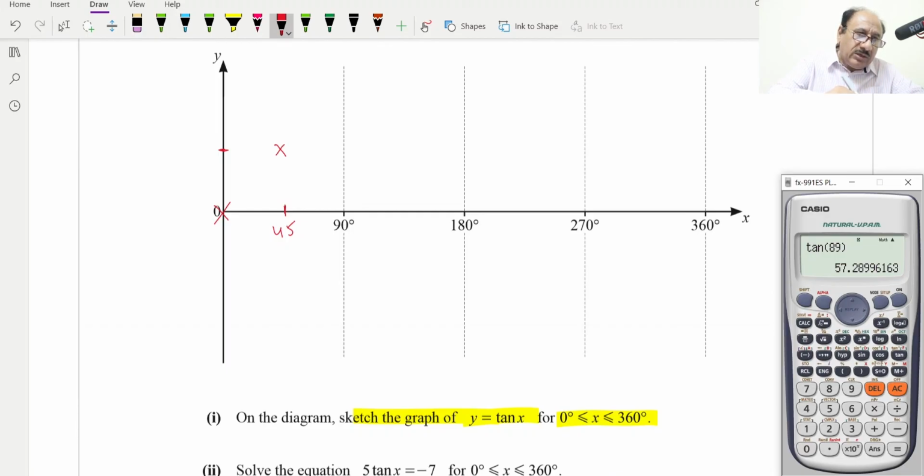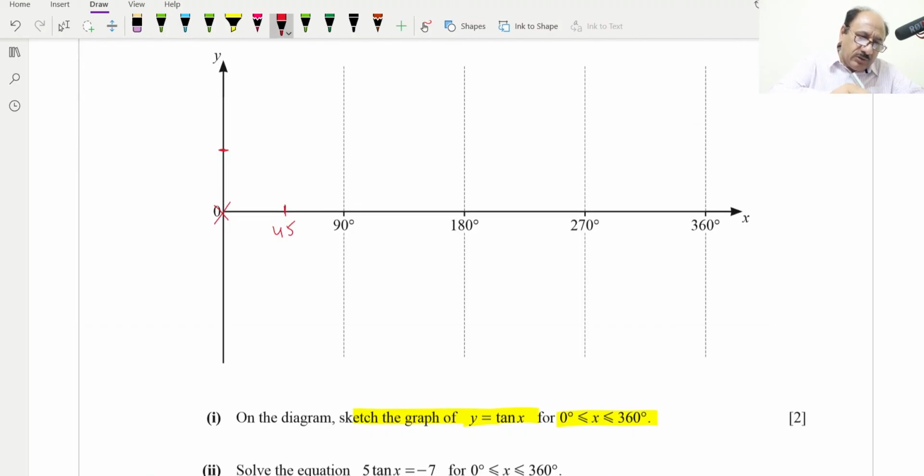So we can draw this, and we have to draw the graph like this, curving like this.